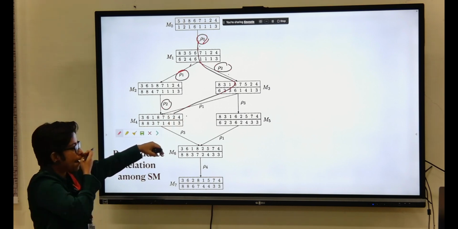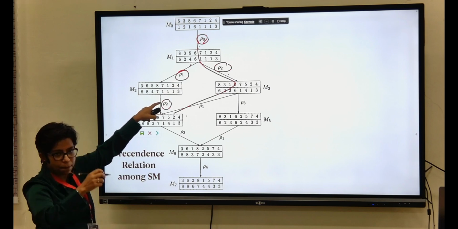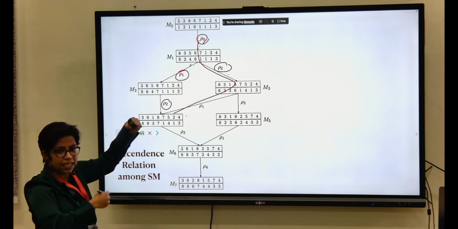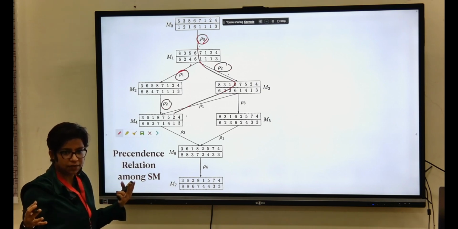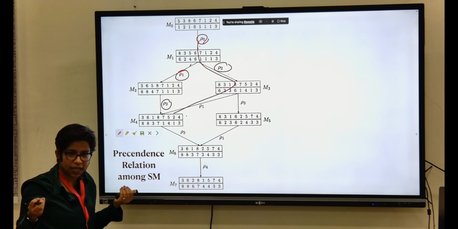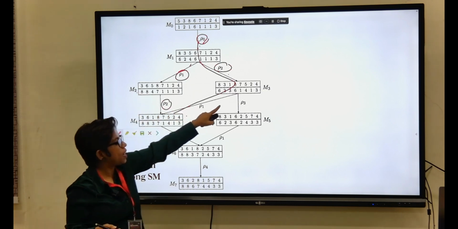Okay? So when two matchings lie on a path that might start from somewhere but contains both of them, they are said to be on a chain. If you have two matchings that are not part of the same chain, they are incomparable. Example, mu 2 and mu 3.